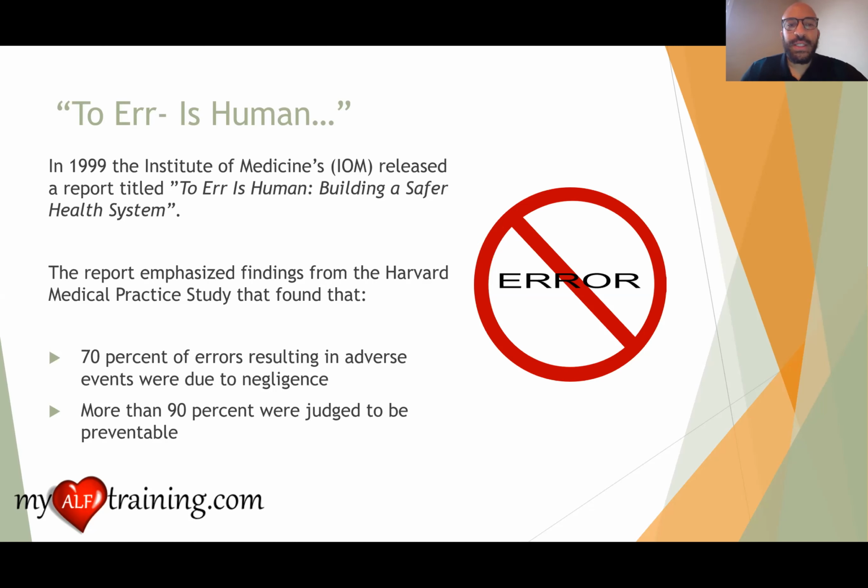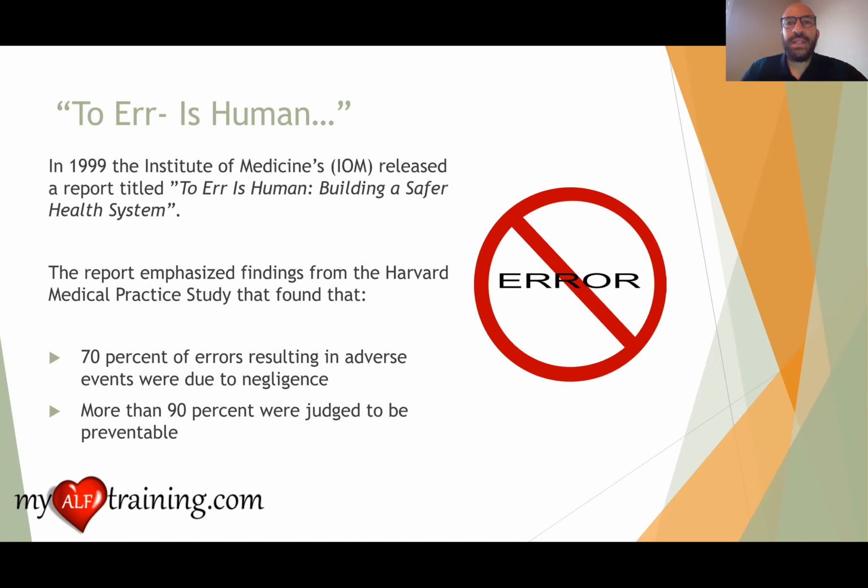That's what the second point here from the study reinforces: more than 90% were judged to be preventable. So imagine the amount of money saved by the hospital, by the insurance company, by the patient.